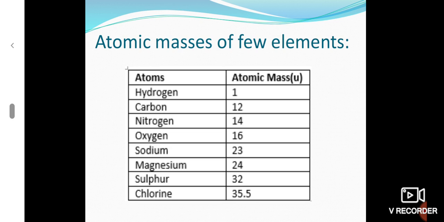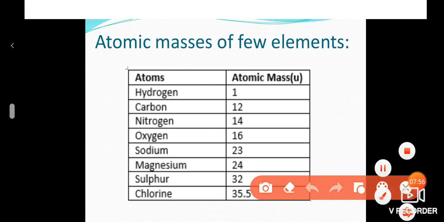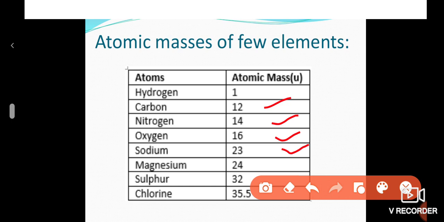The mass of hydrogen is 1 U. The mass of carbon is 12. Mass of nitrogen is 14. Mass of oxygen is 16. Mass of sodium is 23. Mass of magnesium is 24. Mass of sulfur is 32. And mass of chlorine is 35.5.